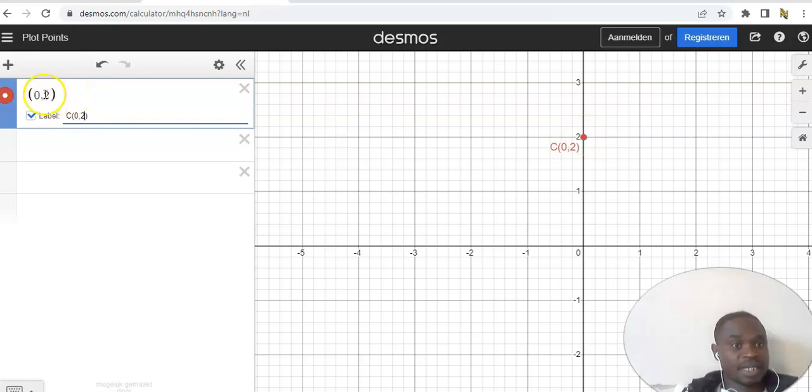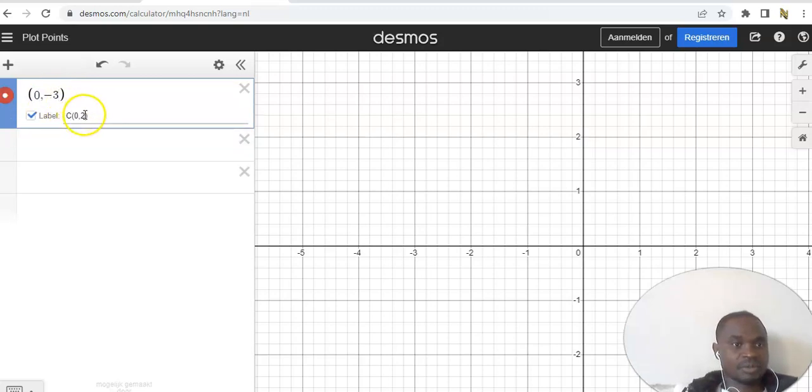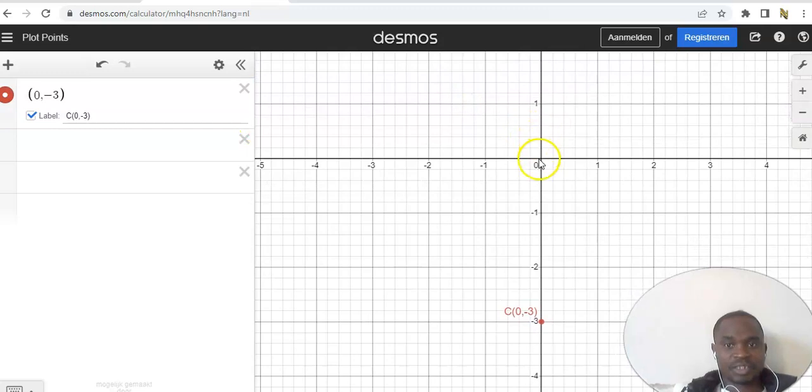Let's plot (0, -3). So here x is what? 0. Y is what?